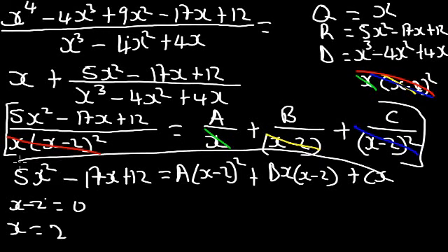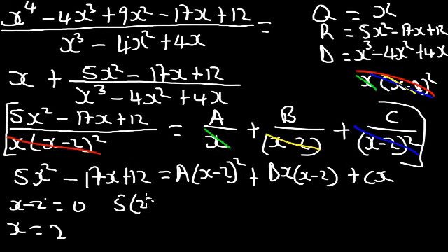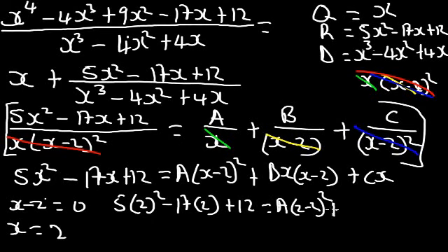So plugging in x equals 2 in this whole equation, we have 5 multiplied by 2 squared minus 17 multiplied by 2 plus 12 equals a in a bracket of 2 minus 2 all squared plus b in a bracket of 2, then multiply by 2 minus 2, then plus c multiplied by 2.